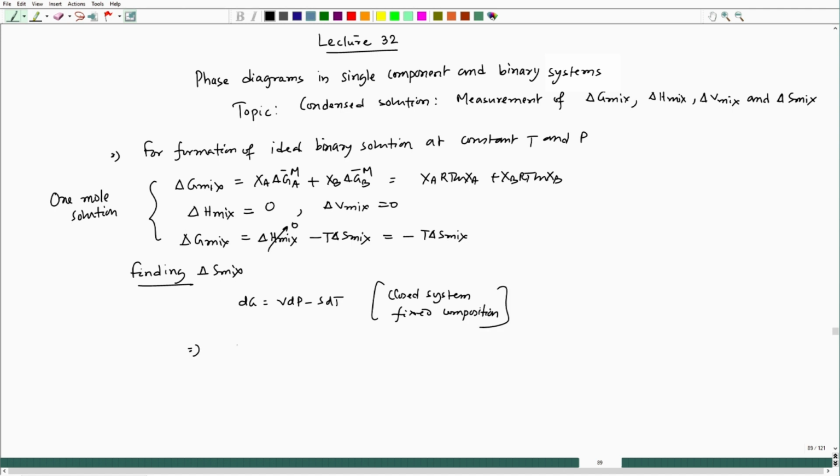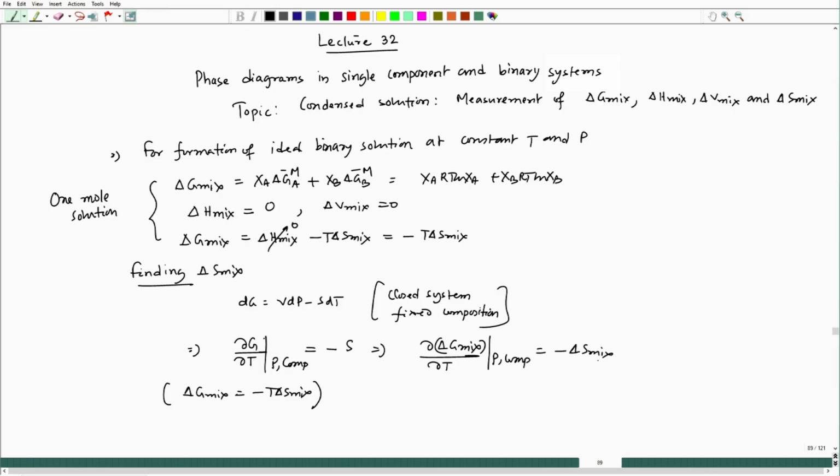At that time we can write, where we keep pressure constant as well as composition constant, the derivative equals minus S. So from this relation we have found one relation, delta G mix equal to minus T del S mix, and from here we can get this.